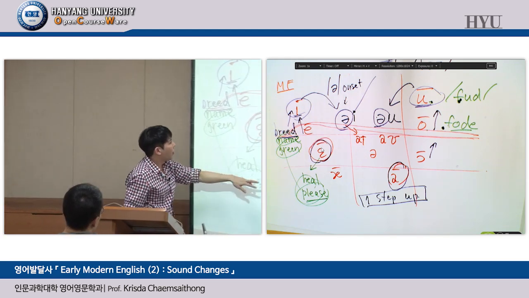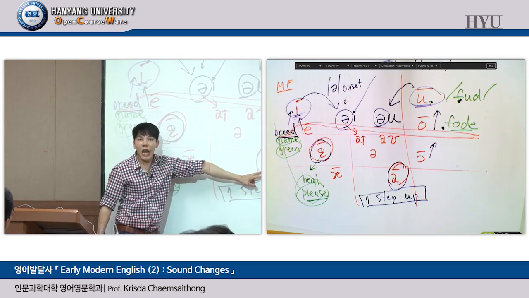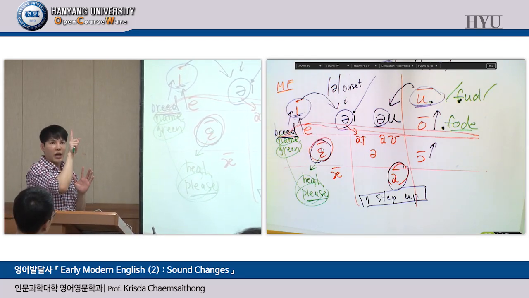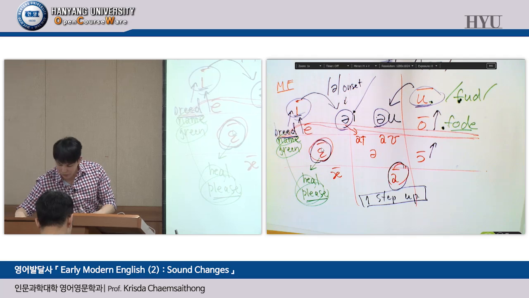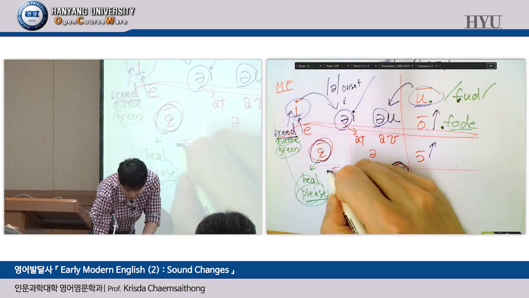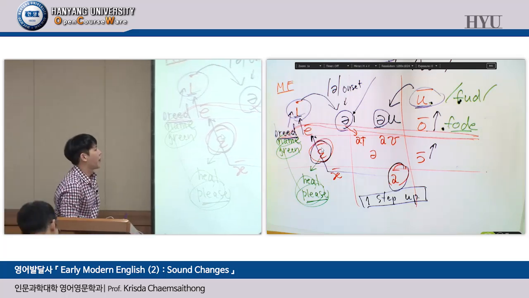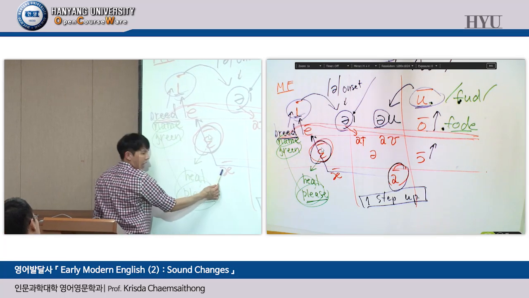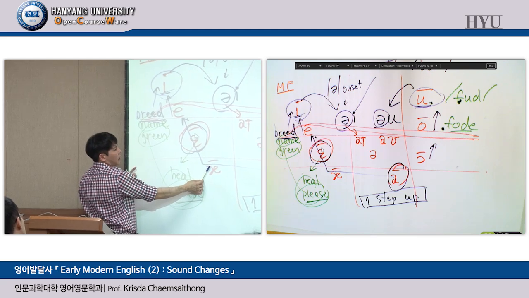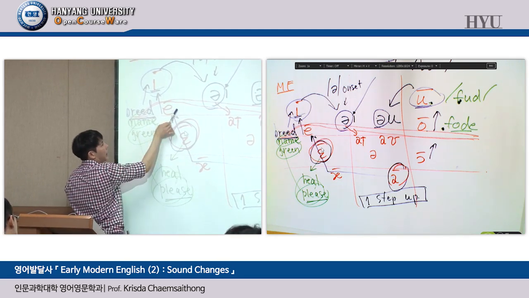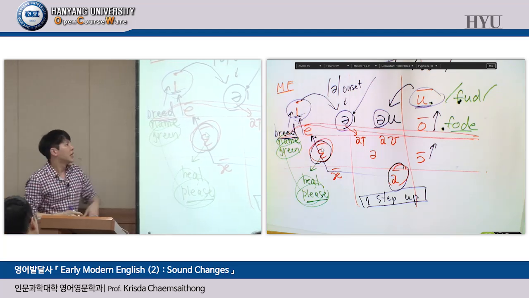What else? For this one, the R, instead of just moving up one level, the R moves here and then ends up here. So it became this in perhaps the middle of the process, and then it ended up here, right?